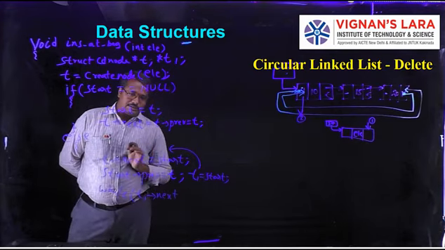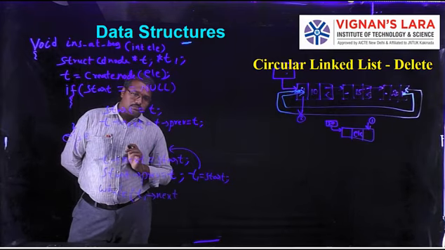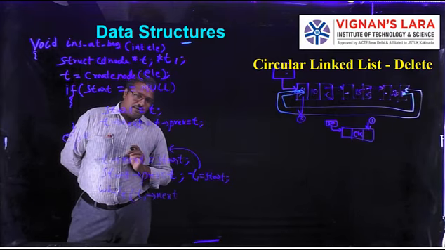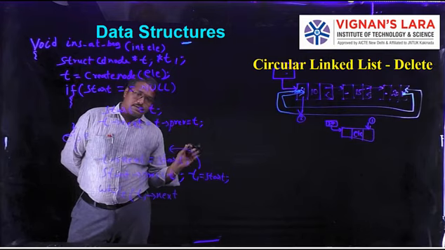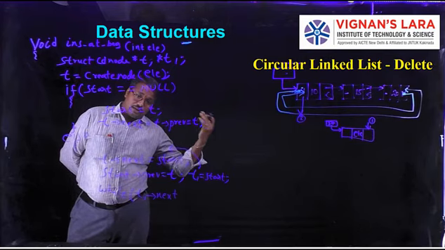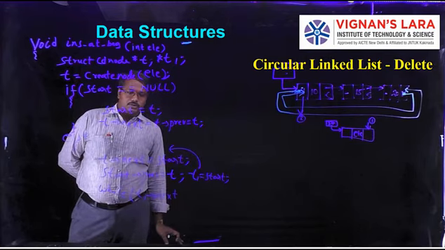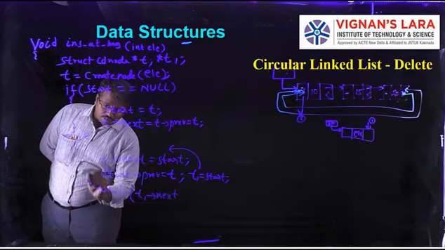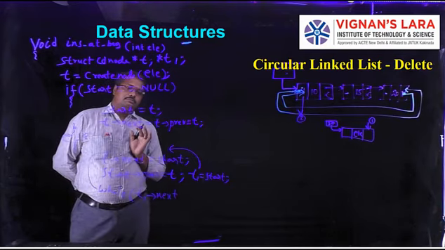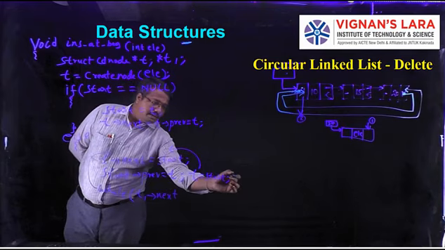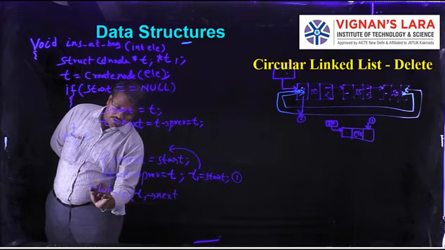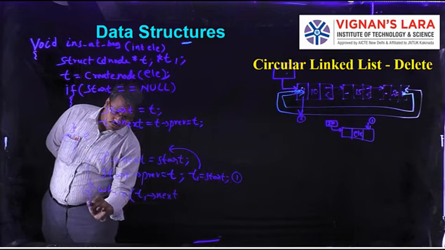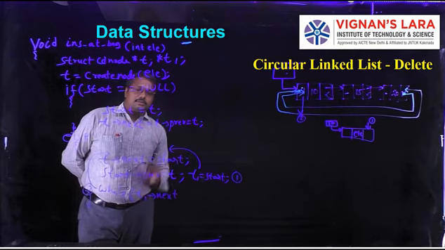T1 of next. This is a circular double linked list; the last node's next field also has the starting node address. The second statement: we want to find out the last node address.